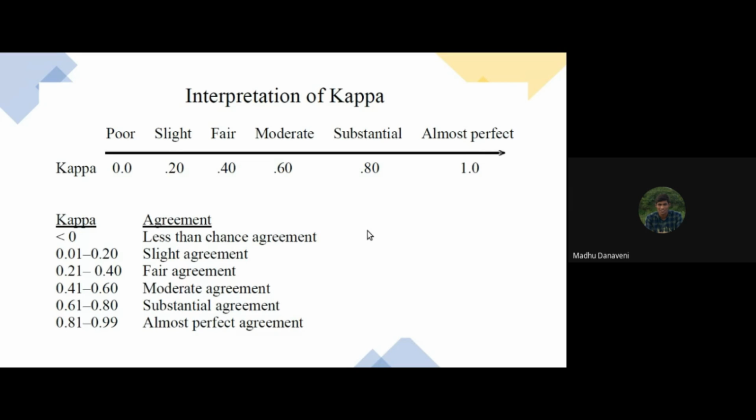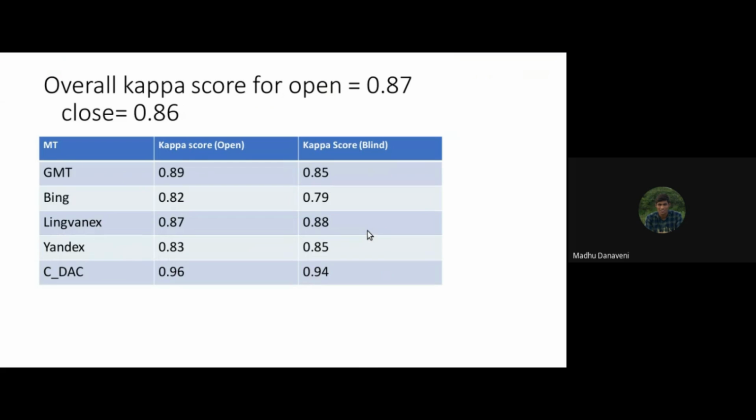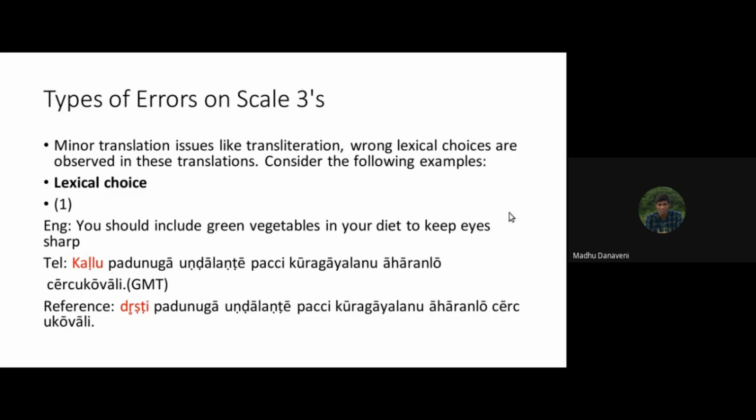Based on this, we have the overall kappa score for the open evaluation. These are the results we have, which prove that the agreement is very high and almost perfect.